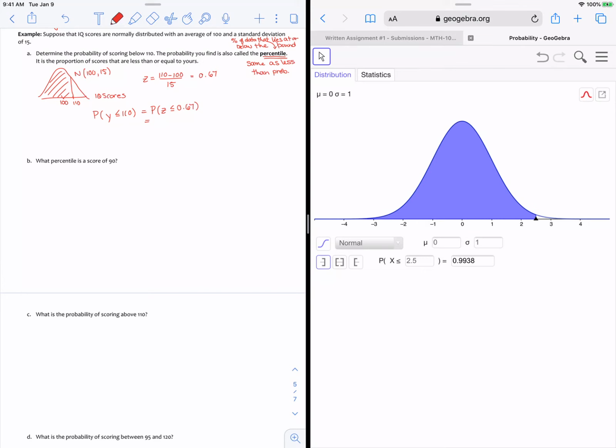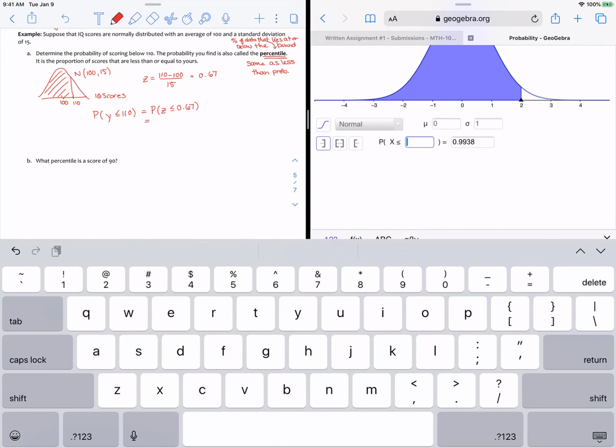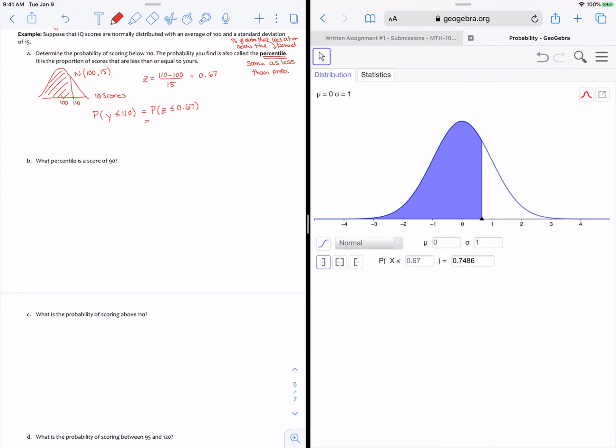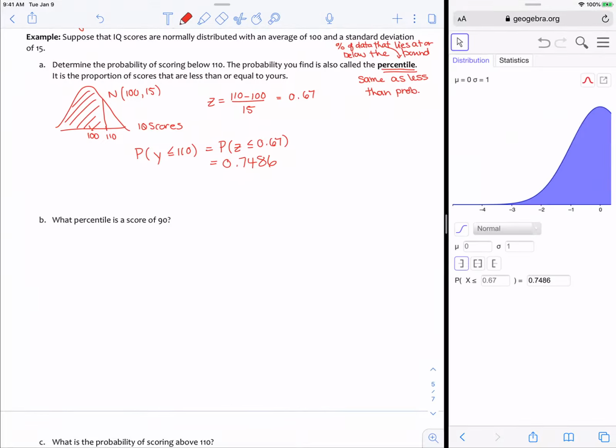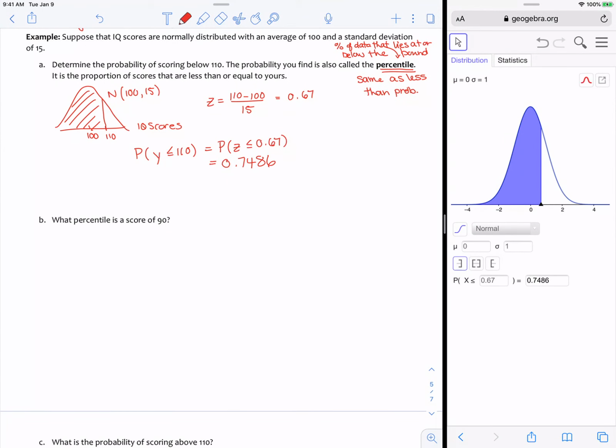My z-score is 0.67, so I'll change that to 0.67. Enter. Make sure that the drawing in GeoGebra looks similar to what I was expecting, and so that is 0.7486. So a little bigger than I was guessing there, but not by too much, in the ballpark of what we were thinking.